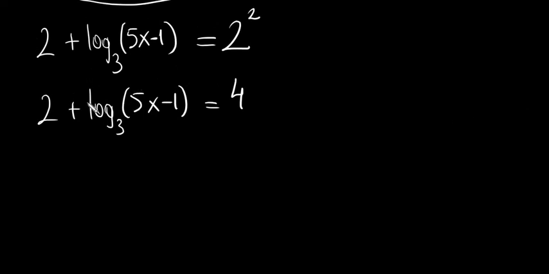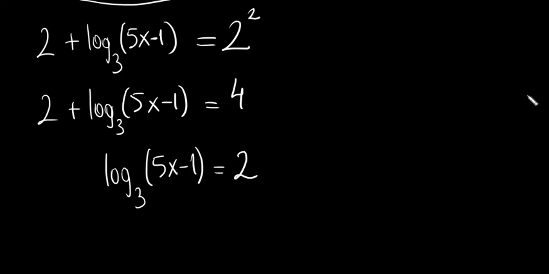Okay, now I need the value of this expression, and I have 2 plus log base 3 of 5x minus 1 is equal to 4. So this expression right over here, that's going to be 2, right? Because 2 plus what is 4? So that is 2. So log base 3 of 5x minus 1 is equal to 2.